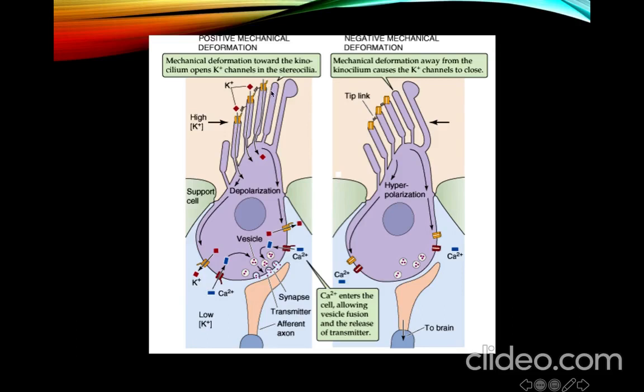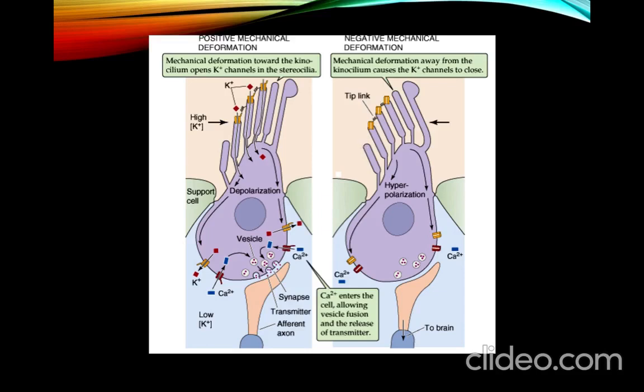So whenever they move, it causes the movement of the other fibers too. When the stereocilia move towards the kinocilium, all the stereocilia move towards it, and if the kinocilium moves towards the opposite side, all the stereocilia also move towards the opposite side.